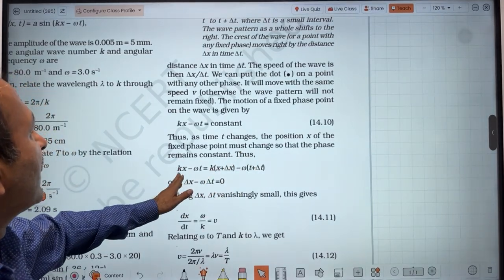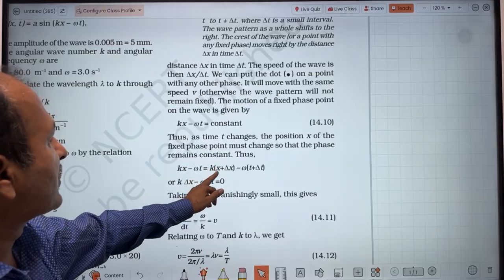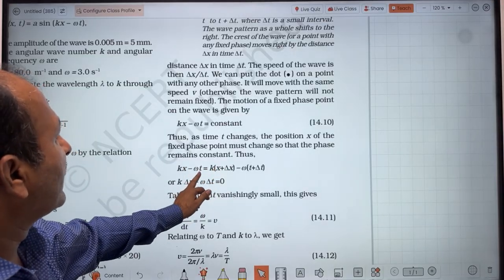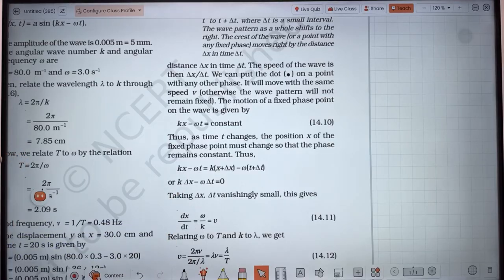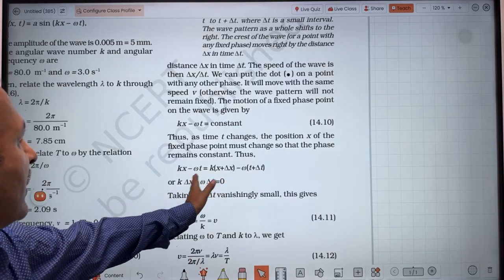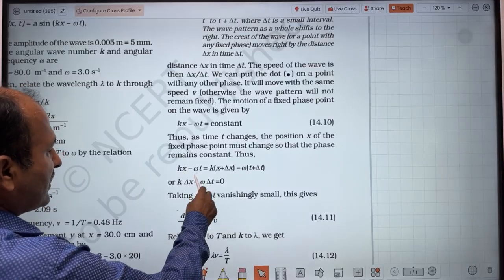the phase remains constant. So here kx minus omega t equal to k(x plus delta x) minus omega(t plus delta t). Or we can write, we cancel this kx etc., so k delta x minus omega delta t equal to 0.